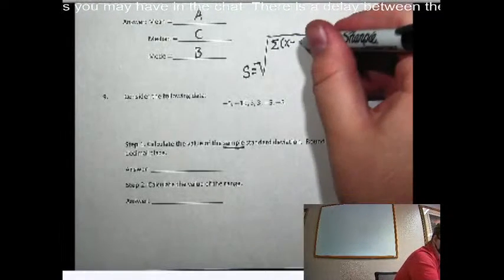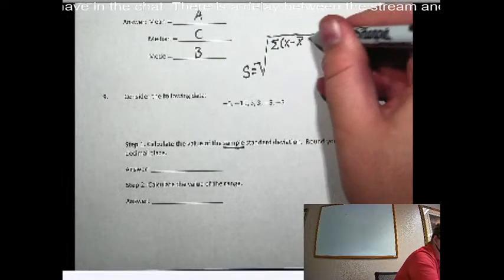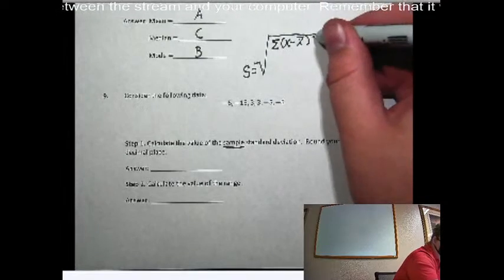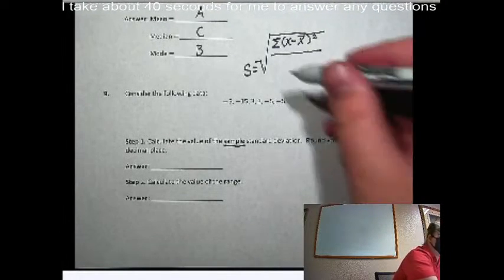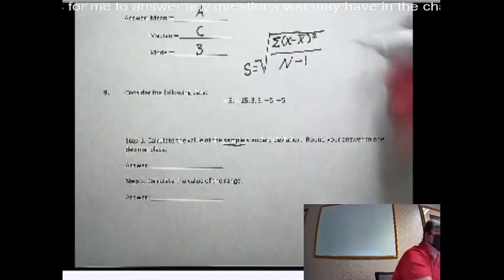X bar, very good. This is a sample, so we have x bar here. Of course, that is our sample mean. Then squared, and it's over what? You're close, it's a sample though, so it's n minus 1, yeah.